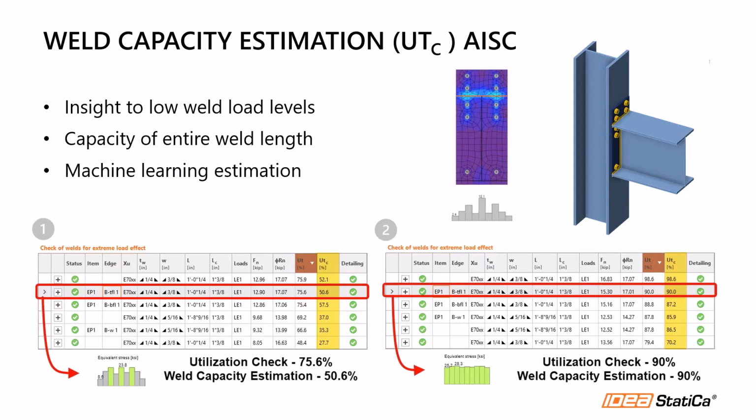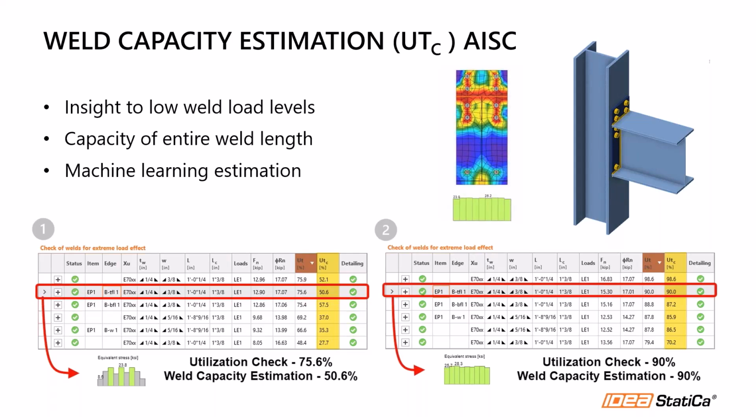Now, as the loading increases, these peaks are gradually smoothed out and the stress is evenly distributed along the length of the weld, which can be seen in the second image at the bottom for the equivalent stress. As you can see, when we compare example 1 to example 2, those stress distributions are completely different.